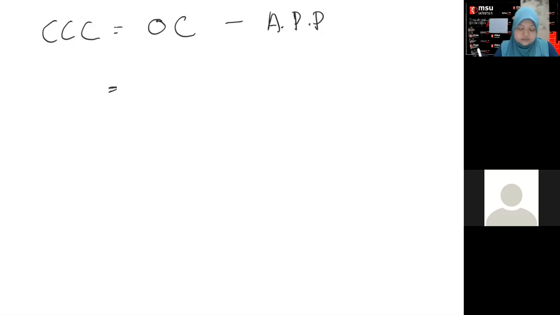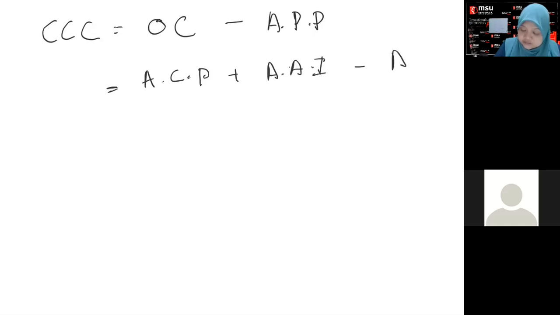The operating cycle is equal to average collection period plus average age of inventory, minus average payment period.